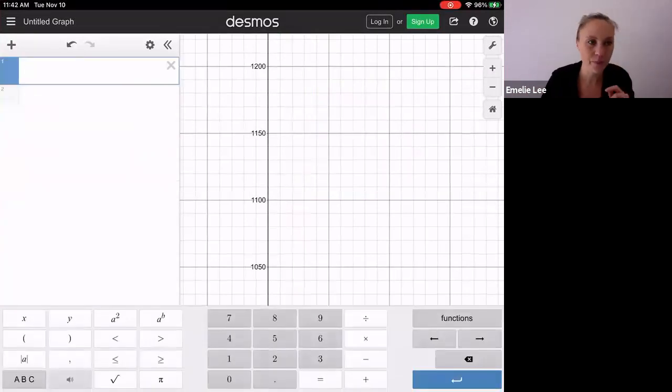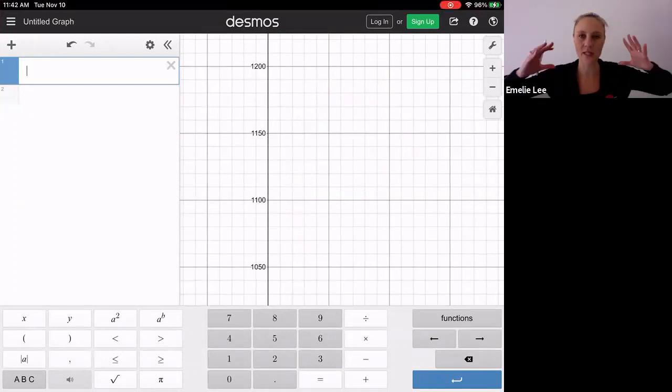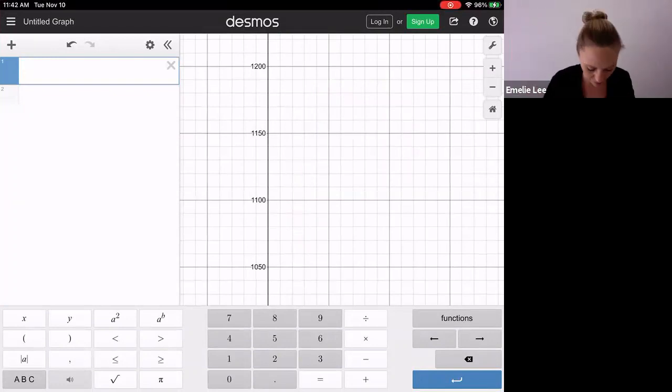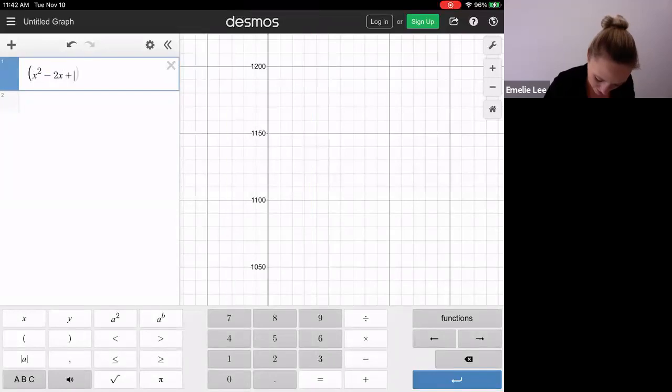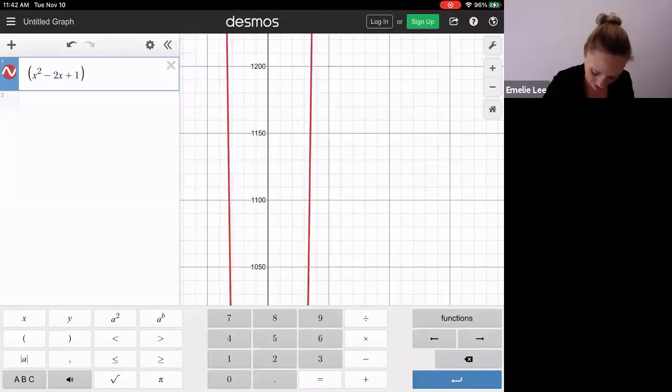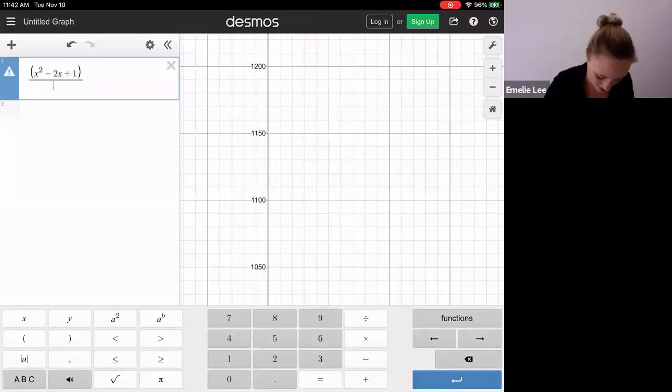Okay, so what I'm going to do is plot the original equation that we were given. Notice that it's a polynomial over a polynomial, so I'm going to put the numerator all in brackets to make sure it's all up top. So I have (x squared minus 2x plus 1) divided by (x squared plus 2x plus 1).